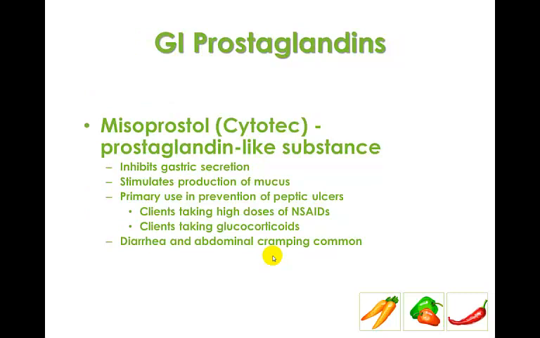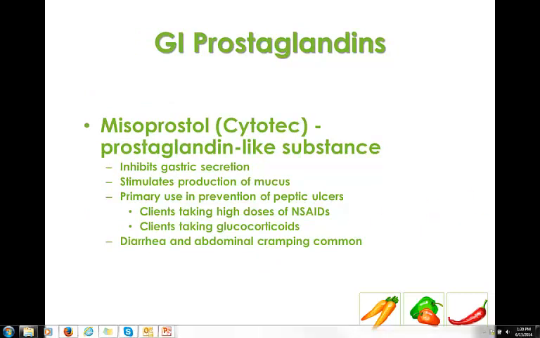GI prostaglandins, such as misoprostol or Cytotec, is a prostaglandin-like substance, and the prostaglandins, along with the stimulation of the H2 receptors, help to stimulate production of gastric acid.